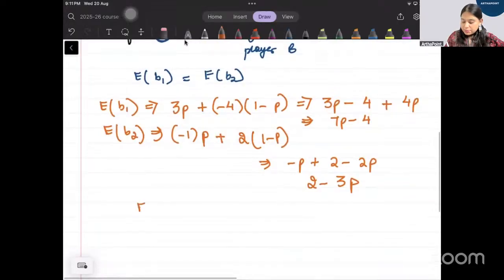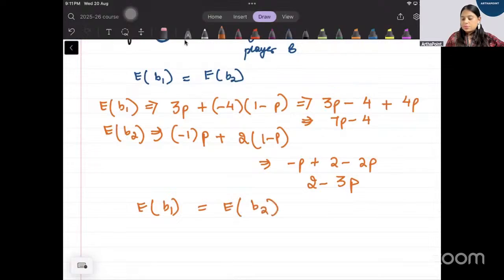His expected payoff from B1 has to be equal to expected payoff from B2, right? Just solve these two, equate the two.